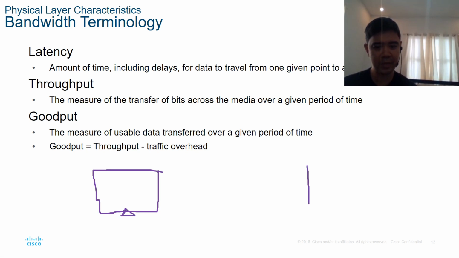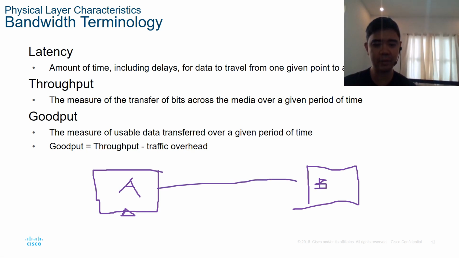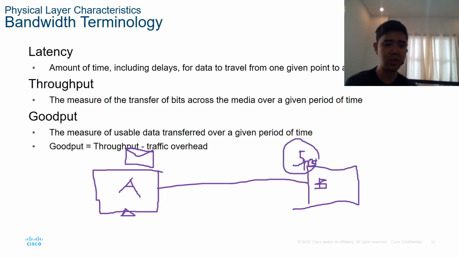So for example, let's say I have two computers here, A and B. A will send data to B. The time that the data reaches B, for example at around 5 milliseconds, this is what we call the propagation delay.